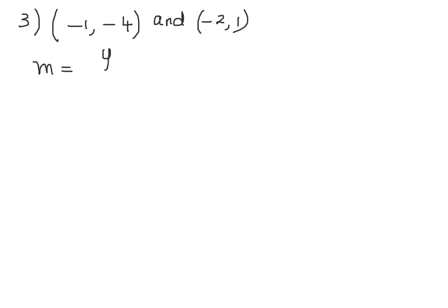Next, we are given 2 points. We are not given the slope. So we have to first get the slope using the slope formula, which is m equals y2 minus y1 over x2 minus x1. The first point we can take as (x1, y1), and the second point is (x2, y2).